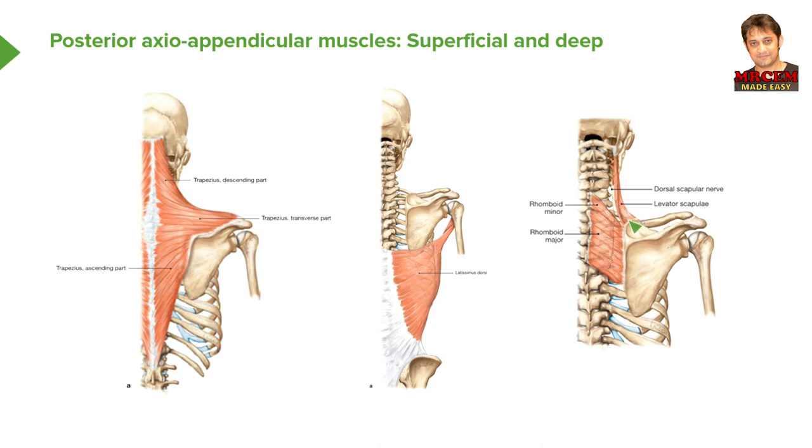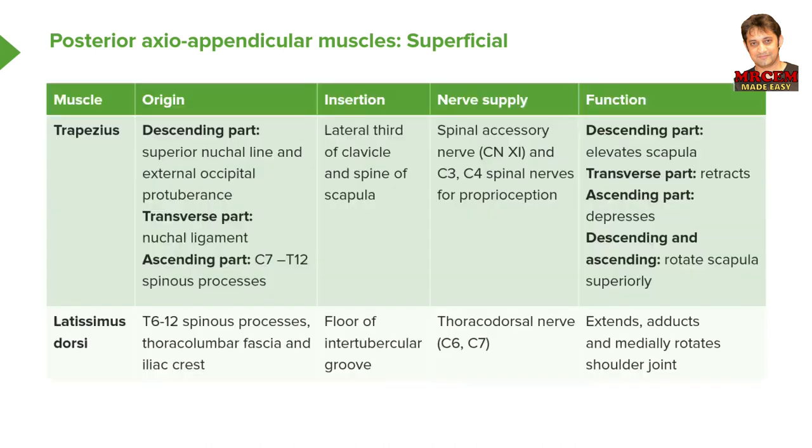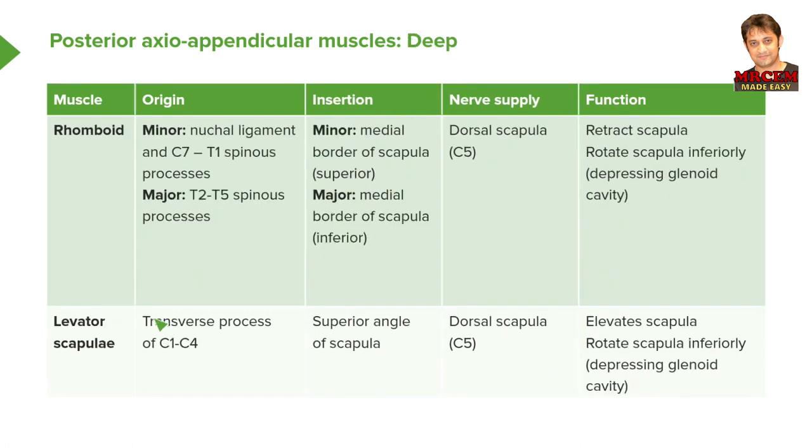Here we can see passing upwards towards the skull, we have levator scapulae, and that's important in helping to, as its name suggests, elevate the scapula. So we can see rhomboid minor and rhomboid major.